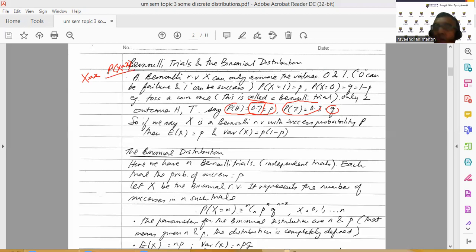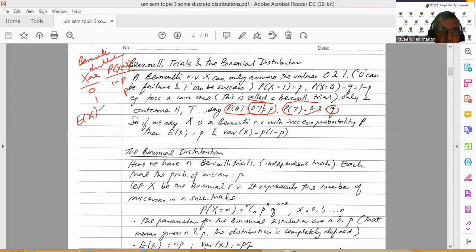When we talk about a Bernoulli distribution, it can take values 0 and 1, and the probability of getting a 1 will be p, and the probability of 0 will be 1 minus p, or q if you like. Good. So this is your Bernoulli distribution.